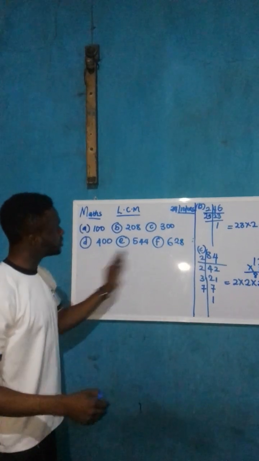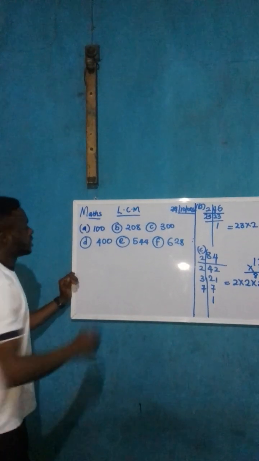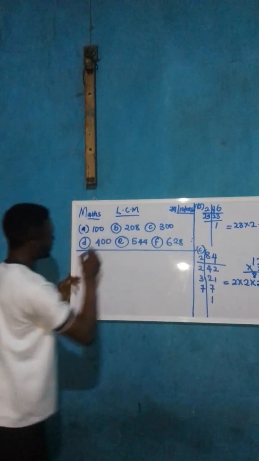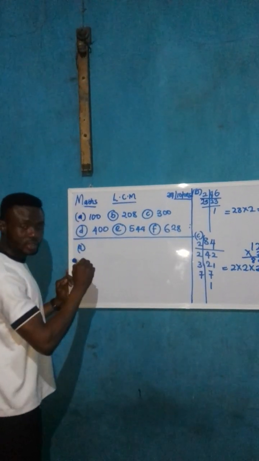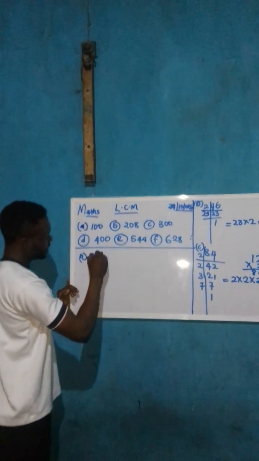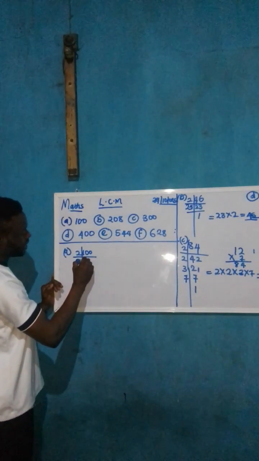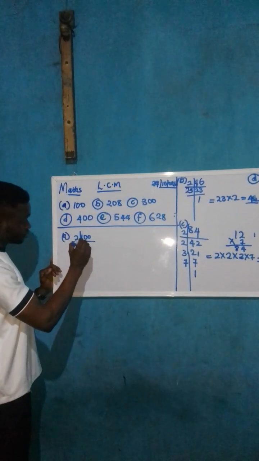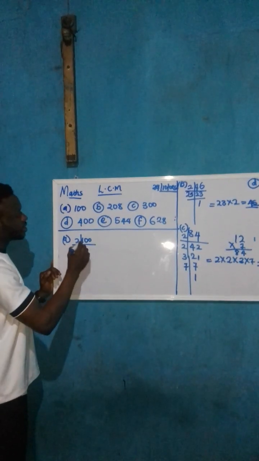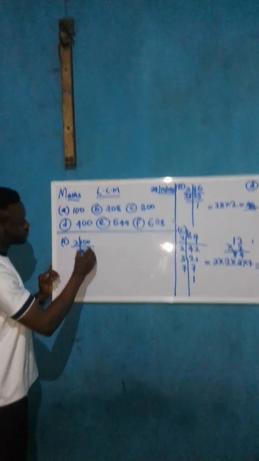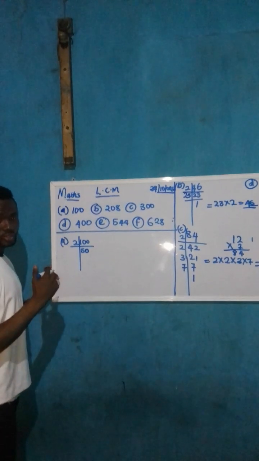So let's find the LCM of these ones, okay? Now we take A. What is the LCM of A? We say 100 divided by 2. 2 in 10 is 5. You bring down 0. Be clear how I'm dividing this, okay? So don't go doing long division.